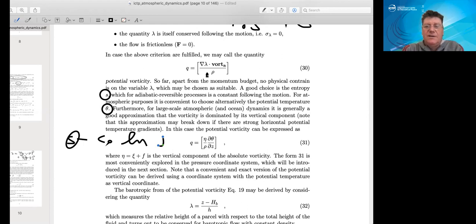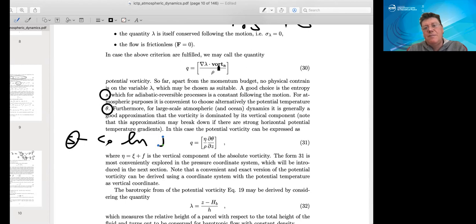The vertical component of the vorticity is proportional to the curl of the horizontal velocities, whereas all other vorticity components contain the vertical velocity derivatives, which are small. So that means it's the vertical component here that is dominant.